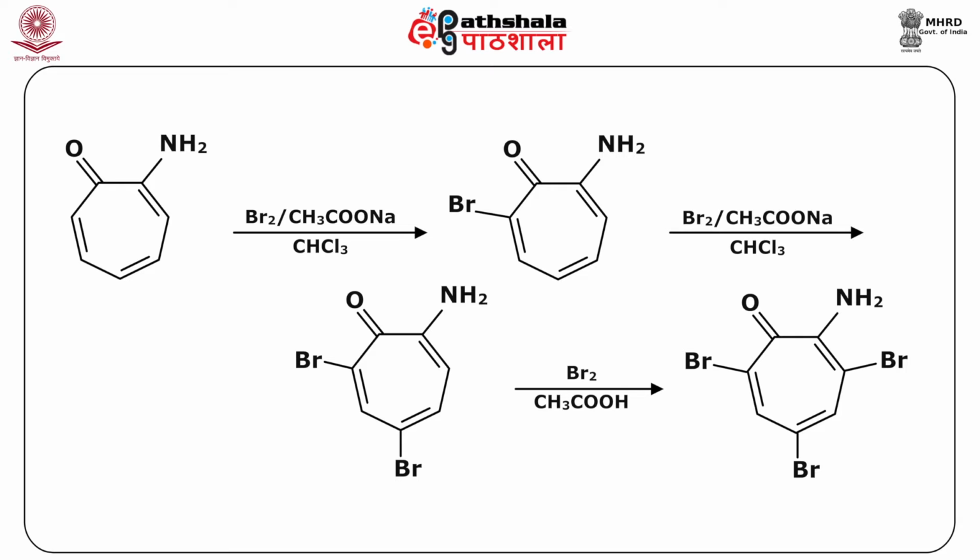So we can see that if we start with the amino derivative of tropone and brominate it in the presence of sodium acetate and chloroform, you get the 7-bromo substituted tropone, and further bromination gives you the 5,7-dibromo derivative, which on further bromination gives you the 3,5,7-trihalogen derivative.